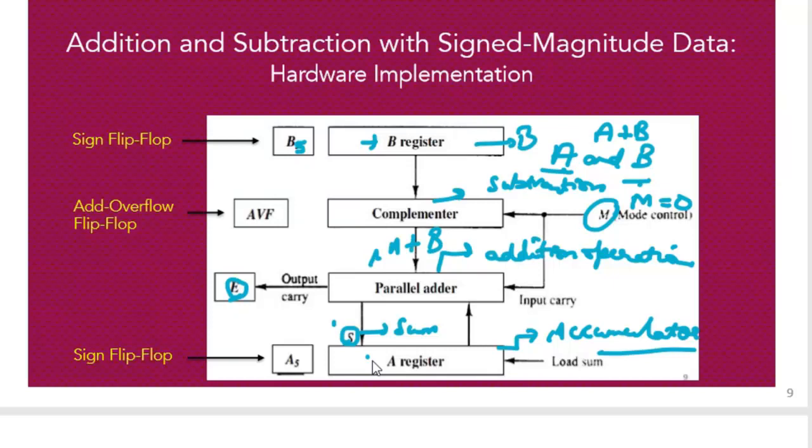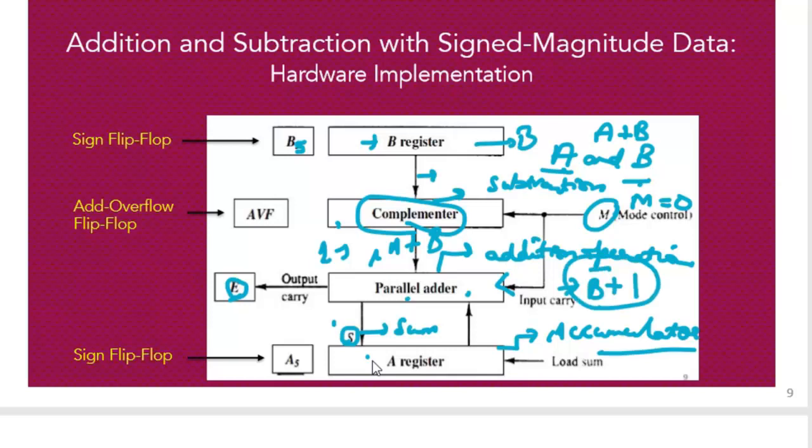But when M equals 1, the 1's complement of B will be calculated using this complementer. Then the input carry is also provided to the parallel adder. So the 1's complement of B will move forward to the parallel adder, and the input carry will come from the M bit.